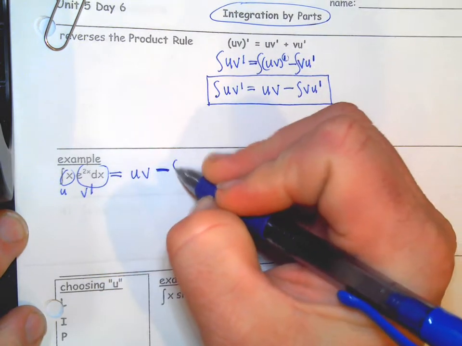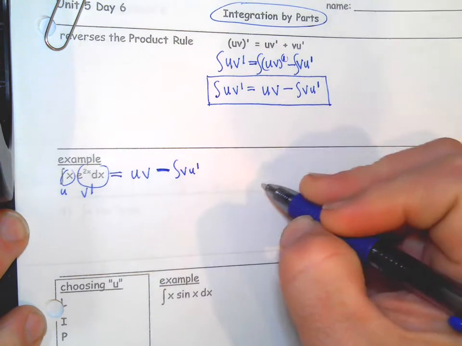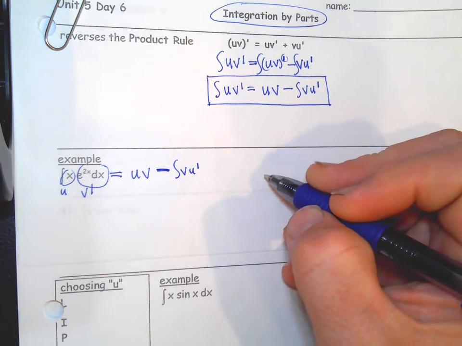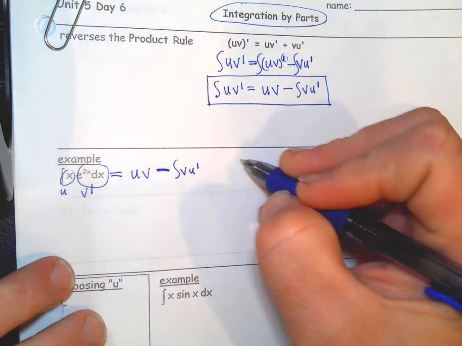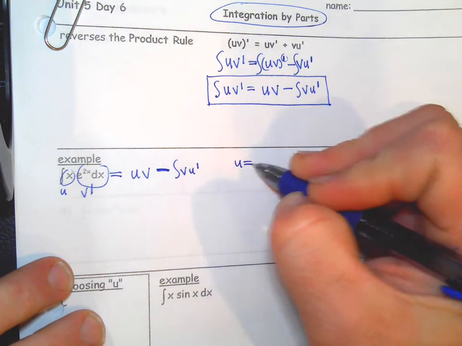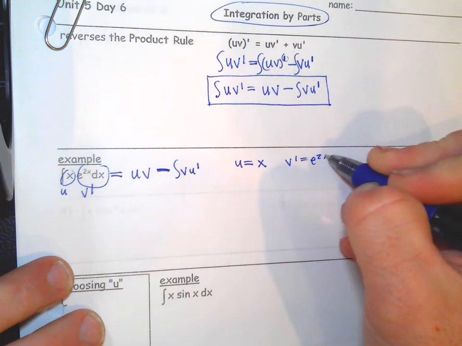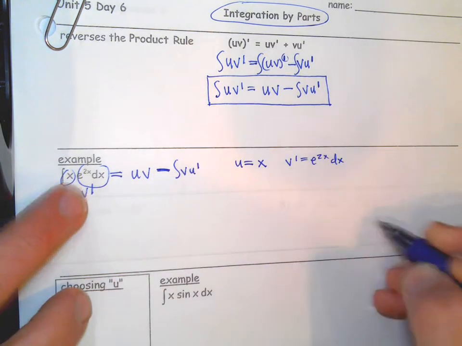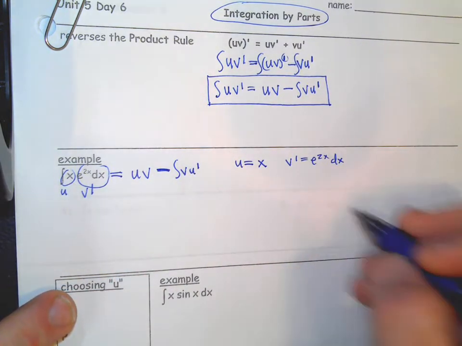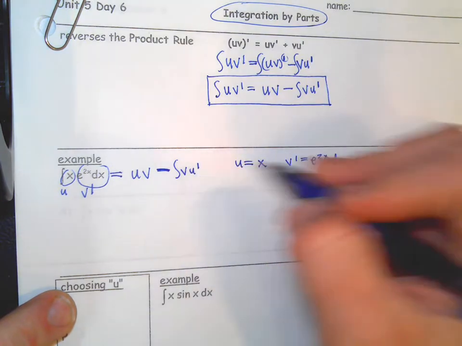The answer should be uv minus the integral of v u prime. Now, I think it's going to help to say, all right, u equals x, and v prime equals e to the 2x dx. The dx should be part of the derivative. So we already have the u.